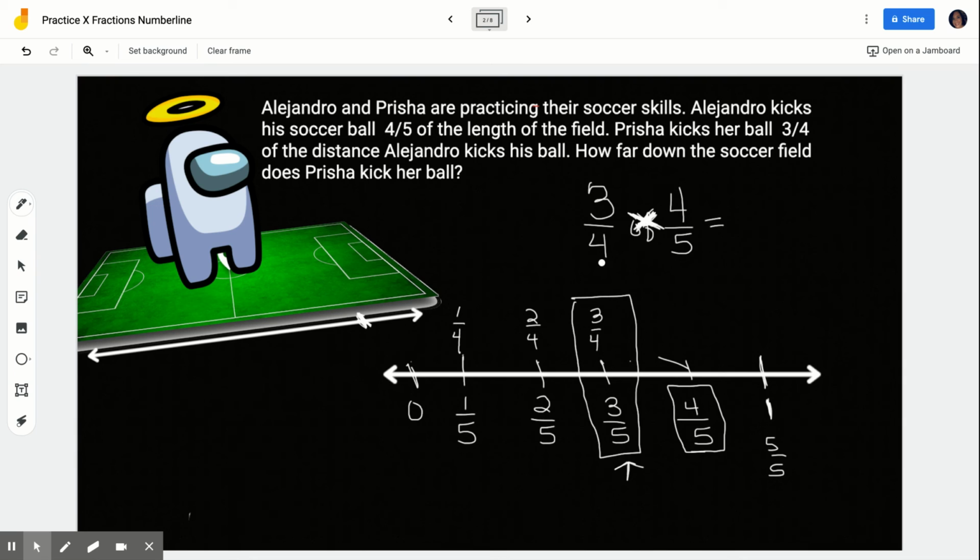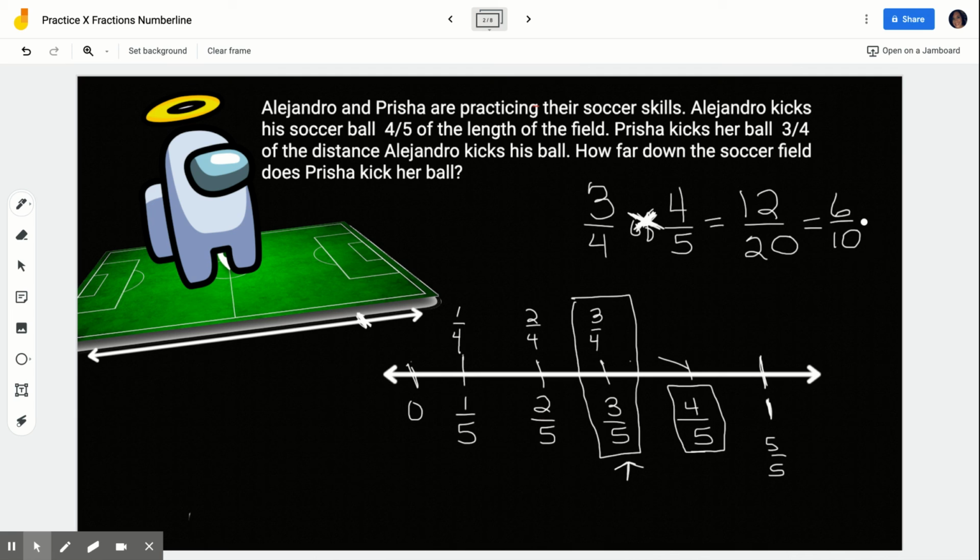And then I can simply multiply across the numerators. So 3 times 4 is 12, and then multiply across the denominators. 4 times 5 is 20. Now we always simplify our answer, get it into lowest terms. So we're going to do that dividing by 2, 3, 5, or 7. Here I'm going to divide by 2 because they're both even numbers. 12 divided by 2 is 6, and 20 divided by 2 is 10.